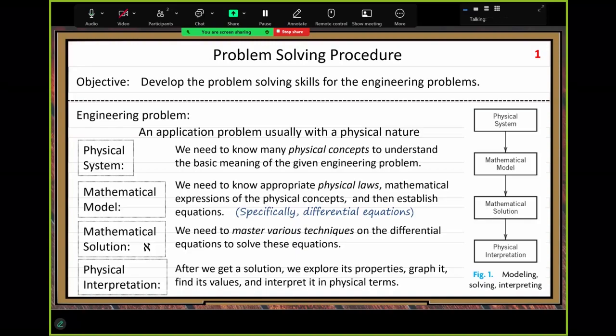Although the analysis steps before the solution step are also important, usually I give you several examples, so you just use my examples.